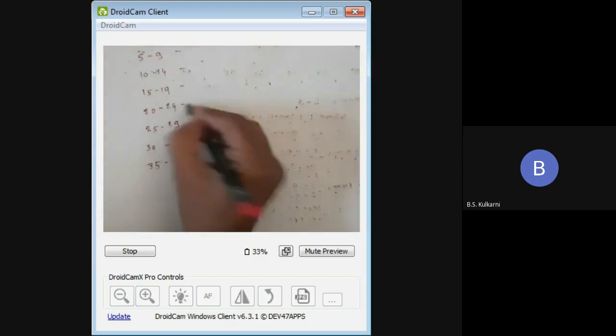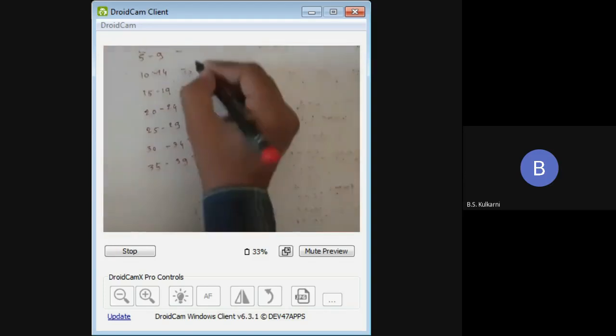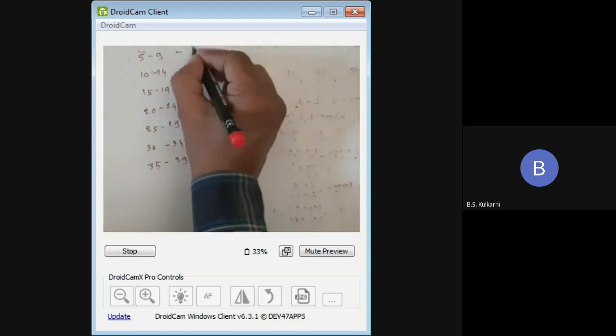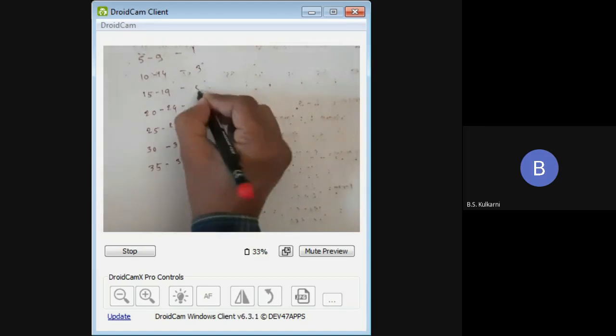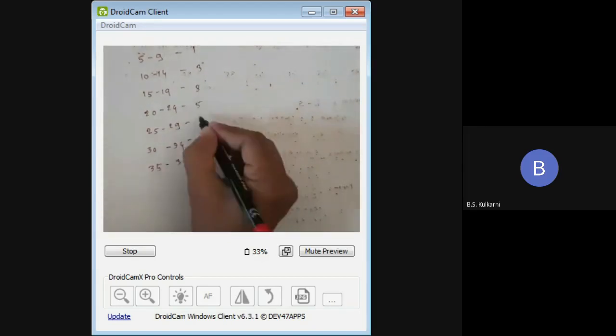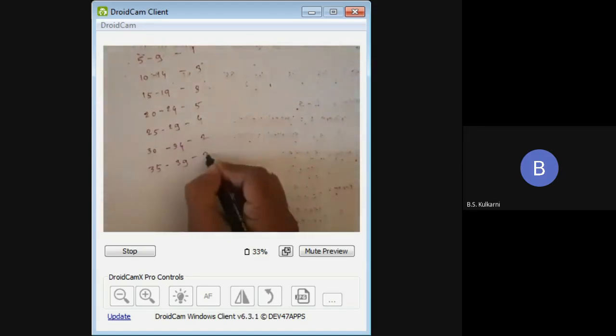And the associated frequencies are the number of students 1, 3, 8, 5, 4, 2, 2.